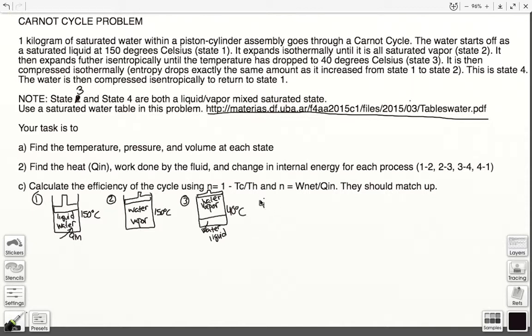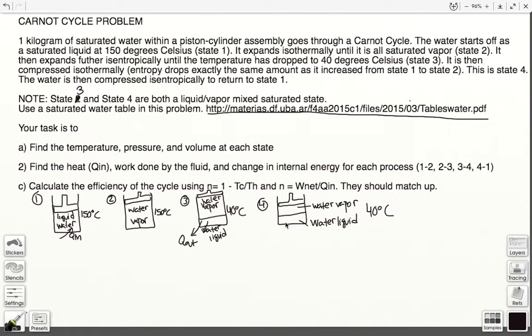Now in stage 4, here we have some Q out, and the surroundings will now do work on the piston. The piston compresses the mixture inside, and here we still have a mix, so we have some water vapor and some liquid water, and this is at 40 degrees Celsius.